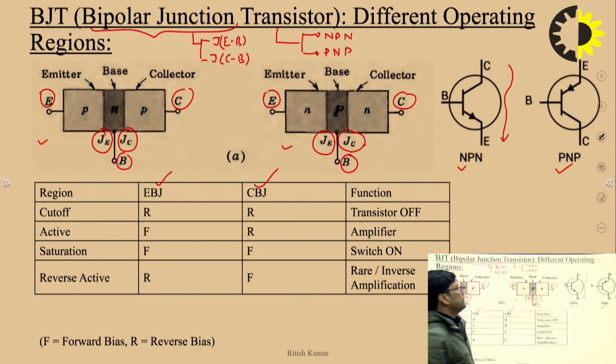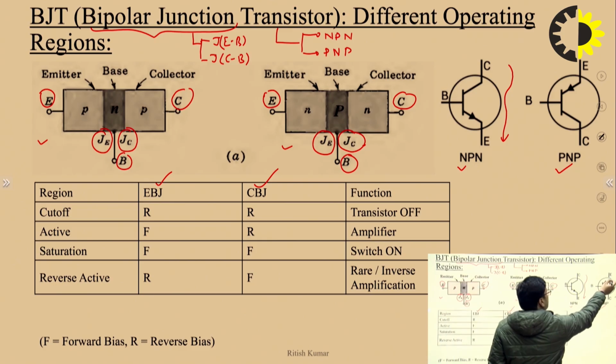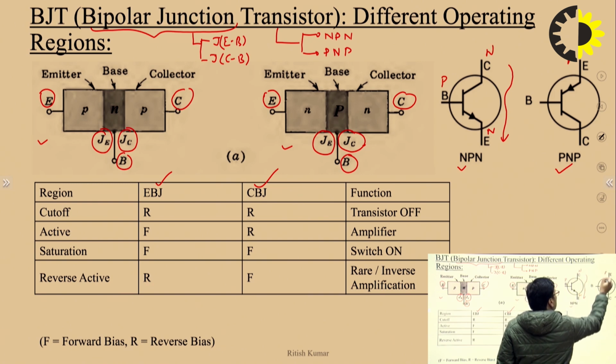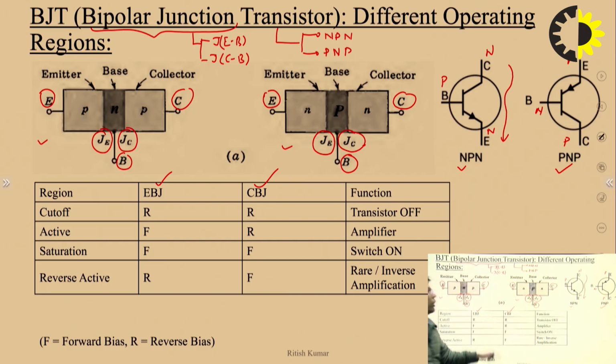This is an NPN transistor and this is a PNP transistor. This is the symbolic representation of these two transistors.